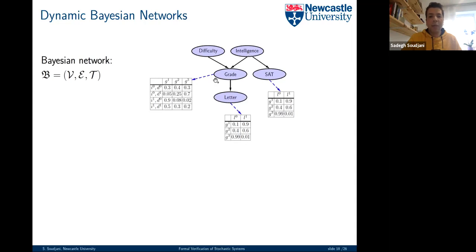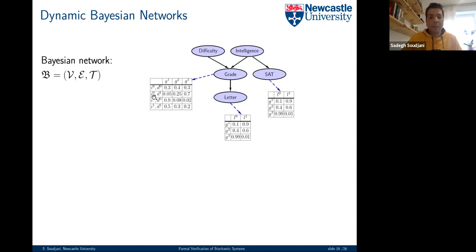For example, here the grade has three possible outcomes: low, medium, high, and each one has its own probability depending on the difficulty of the exam. Here the difficulty takes two possibilities, indicated by I0 and I1, and it also depends on the intelligence of the student, which is denoted by two possibilities, D0 and D1.